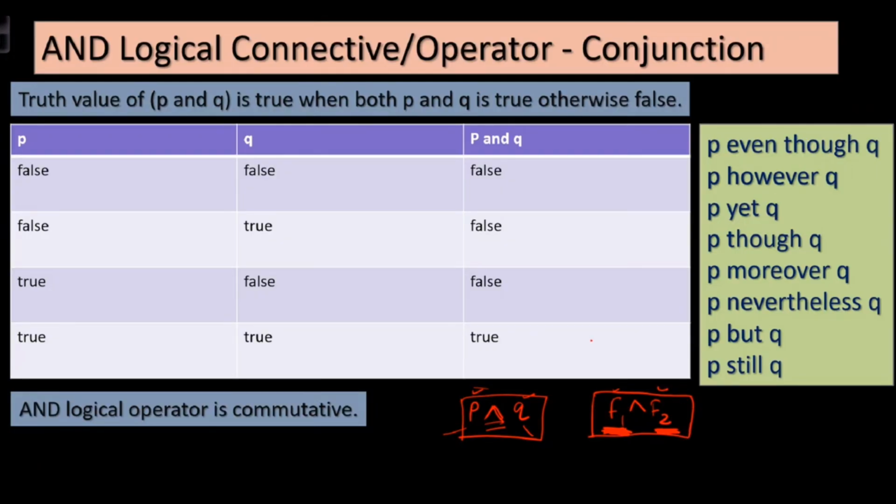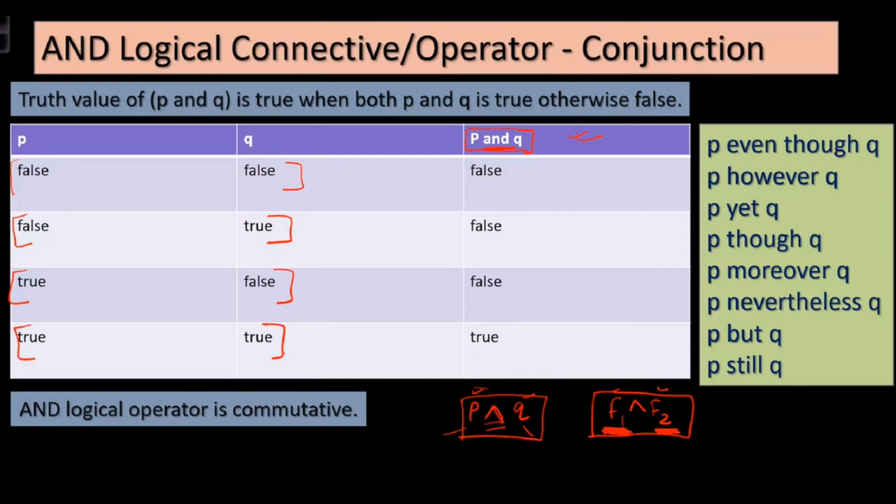To know this, we have the truth table. We know the behavior of AND: P and Q will be true only if both of them are true.